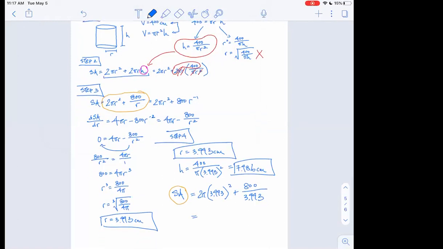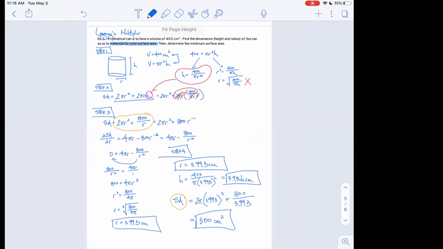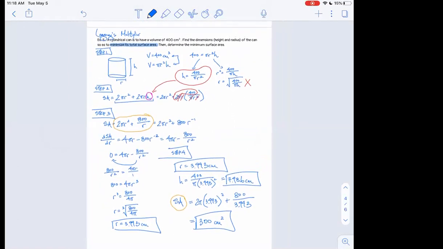And let's see what we get when we type that all in. And you get a surface area of 300 centimeters squared. All right. Any questions about example number 5?